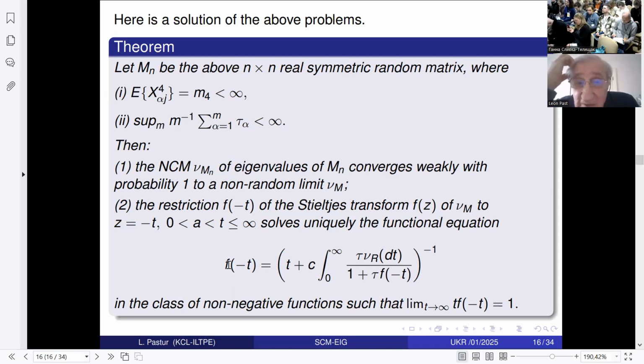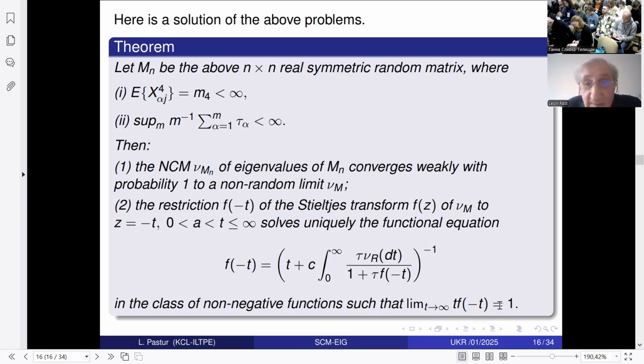It is an equation because f is here and f is here. You can forget about the origin of this, that it is the Stieltjes transform of a certain measure. We are looking for the unique solution in the class of non-negative functions, subject to the condition that this limit is 1.